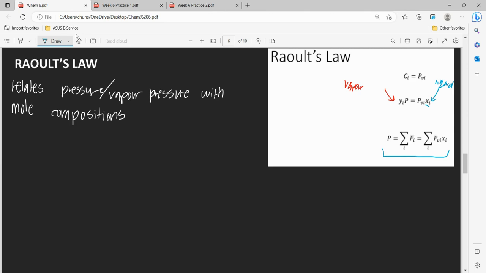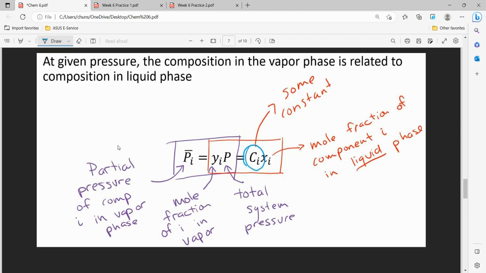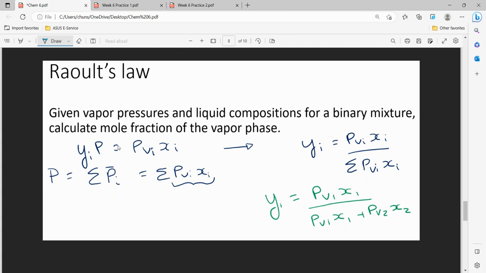Again, it will be better explained in an example. We can use this to help determine compositions of vapor phases related to compositions in liquid phases. The partial pressure of our component is equal to our mole fraction of the vapor times the total system pressure, and it's equal to some kind of constant times the mole fraction of the component in the liquid phase.